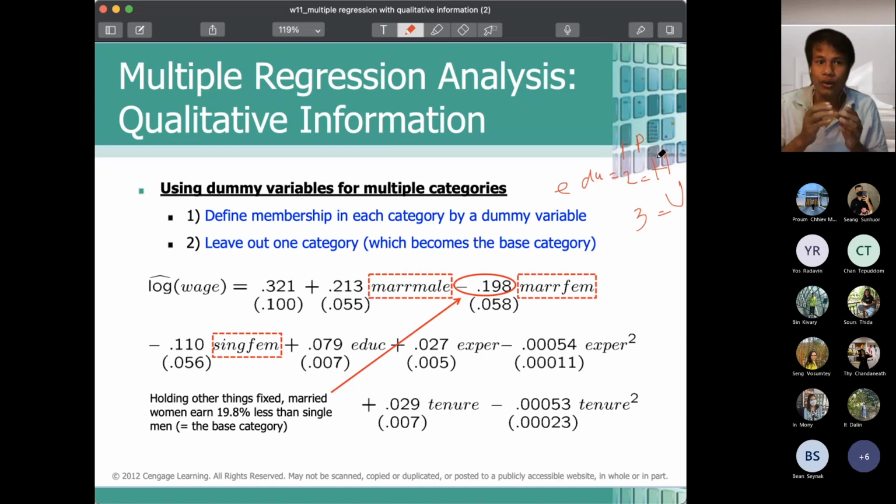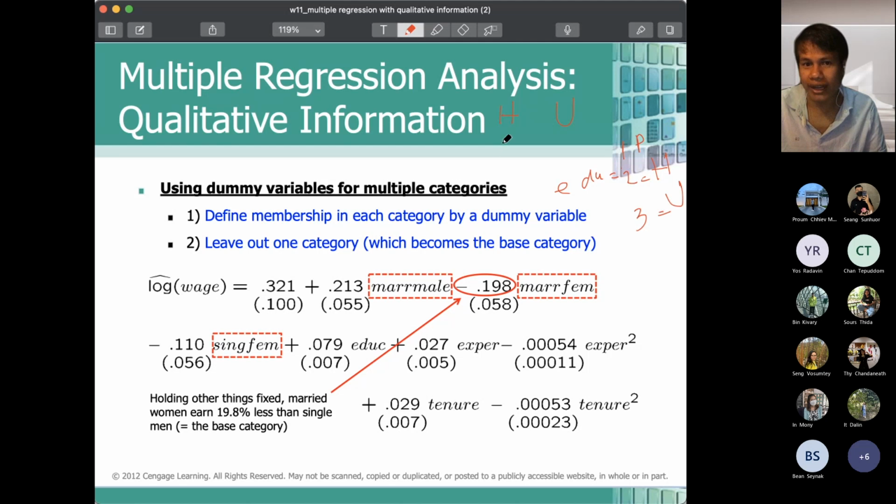When you have a variable with more than two categories, you need to define membership in each category by a dummy variable. How do we do it? Leave out one category, which becomes the base category. In my example, you can generate two dummy variables, one for high school and one for university, and leave out primary school.